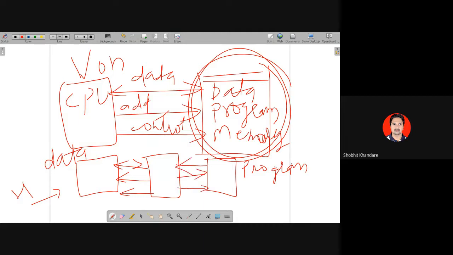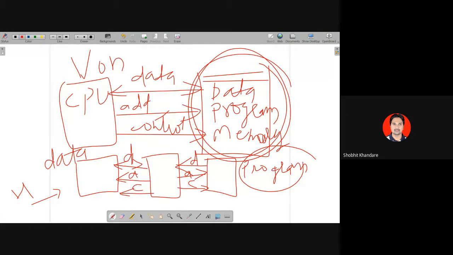This is your data bus, address bus, and control bus for accessing program memory, and if you want to access your data memory, this is your data bus, address bus, and control bus.